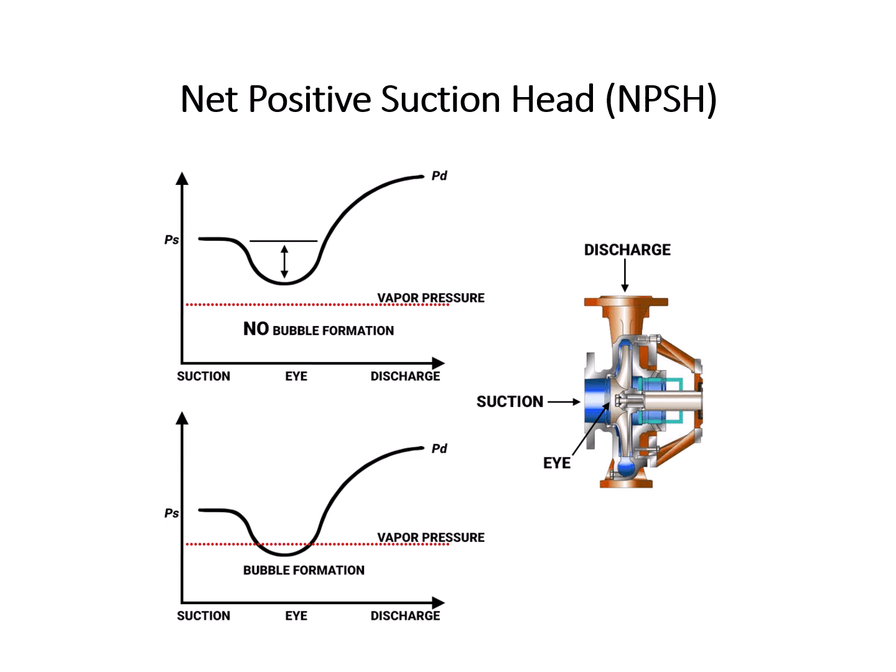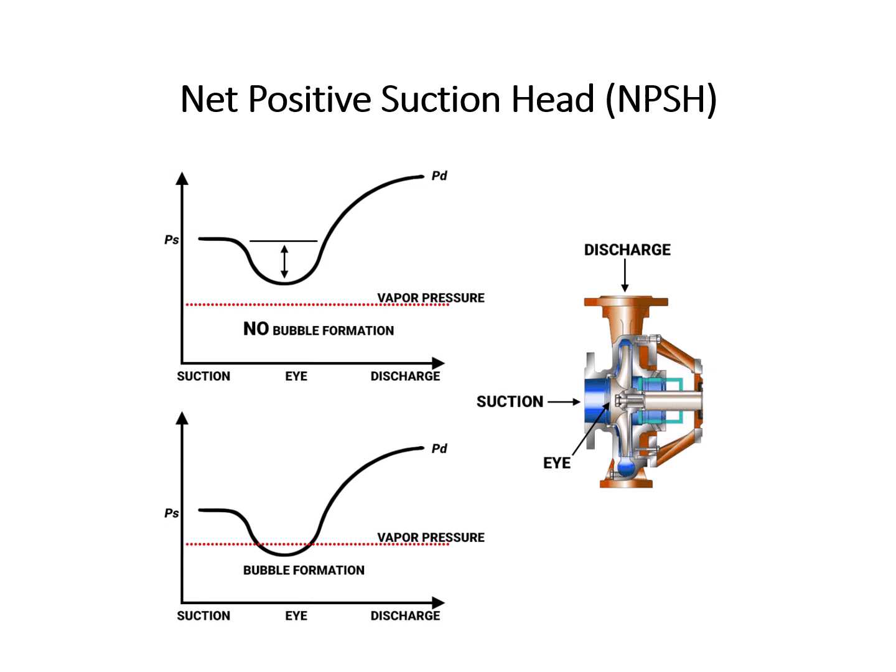The red line here is the vapor pressure. In this case, our minimum pressure is still above the vapor pressure, so no bubbles, because no vaporization will happen. In this other case, the suction pressure reaches the vapor pressure and even goes below.